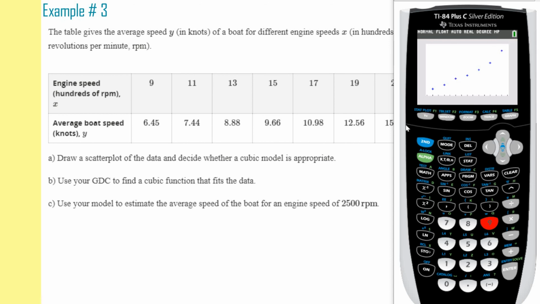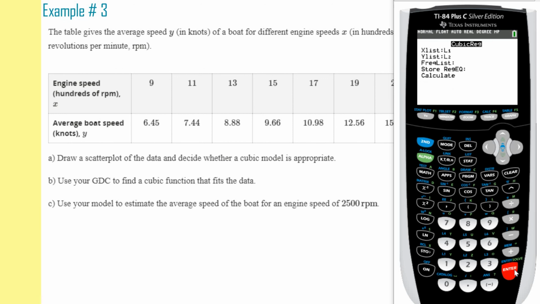So I want to figure out if a cubic function fits that data. So that's what we do next. We go to our main screen, then we go to stat calc, and scroll down to 6, cubic regression.